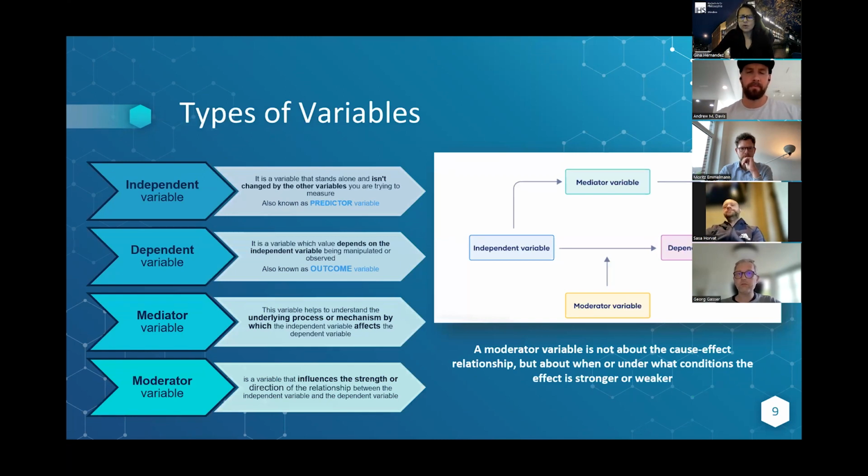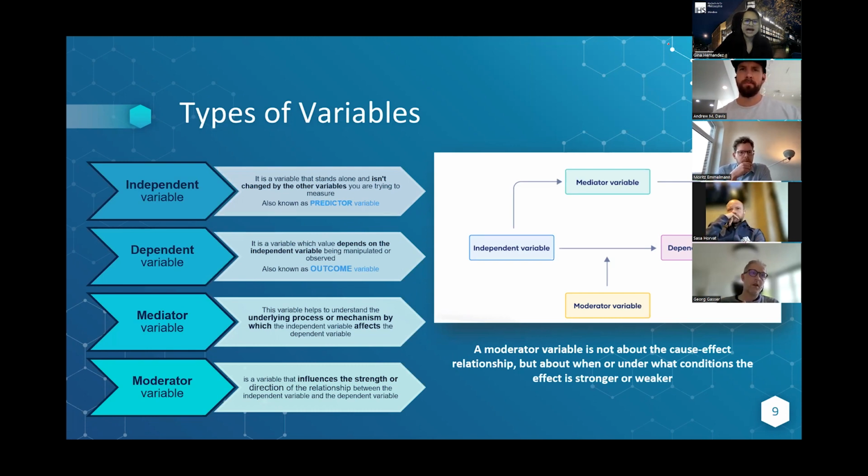So now, going deeper into the different kinds of variables, here you have, I would say, a really simple explanation of what kinds of variables we have in psychology and how we use them. So it's really important for you to know the independent variable.